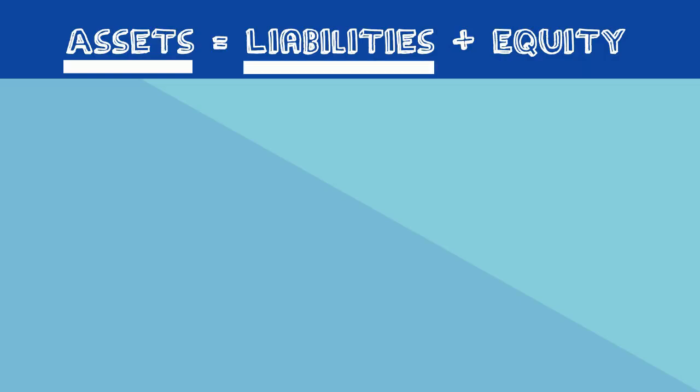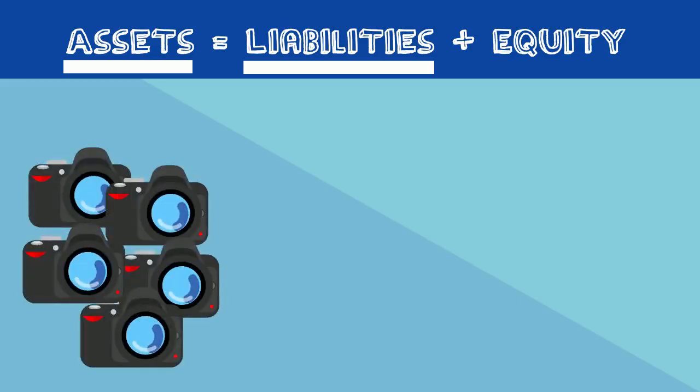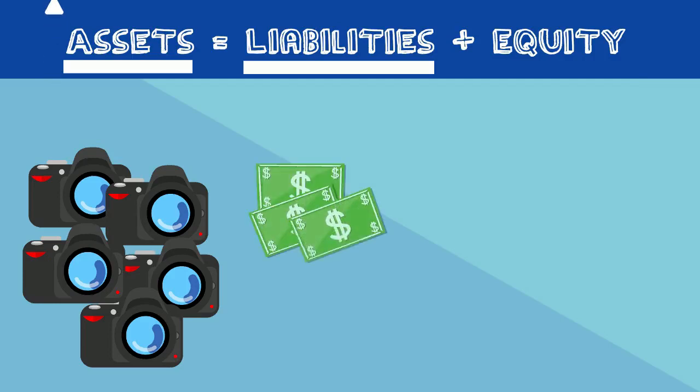So, the impact on the accounting equation is that an asset and a liability are changing. How are they changing? Is the asset increasing or decreasing? Did we get additional inventory or get rid of inventory? We got more cameras, so inventory is increasing, which means assets are increasing on the accounting equation. How about accounts payable? Do we owe someone more money or less? We owe more. We haven't paid for the cameras yet.